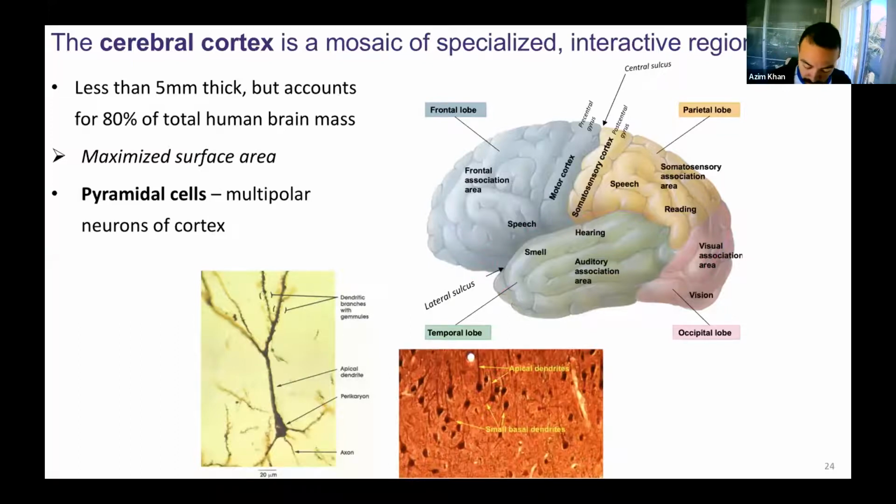Finally, your temporal lobe is lateral. One way you can distinguish temporal lobe from the other lobes is look for this deep sulcus that runs across here. This deep sulcus is known as the lateral sulcus. The lateral sulcus separates the temporal lobe from the frontal and parietal lobes.